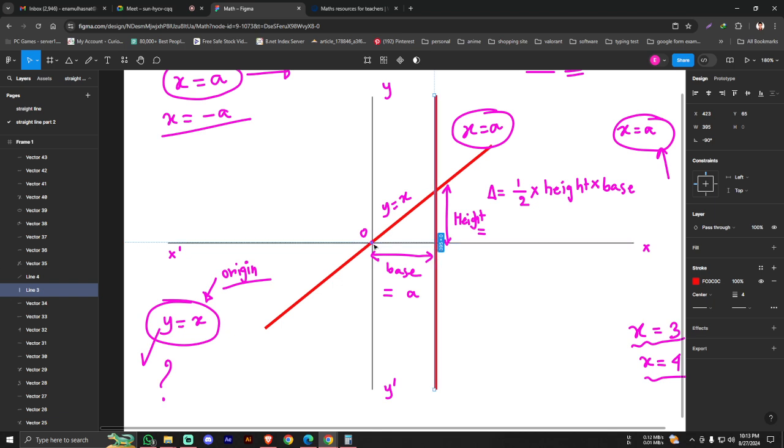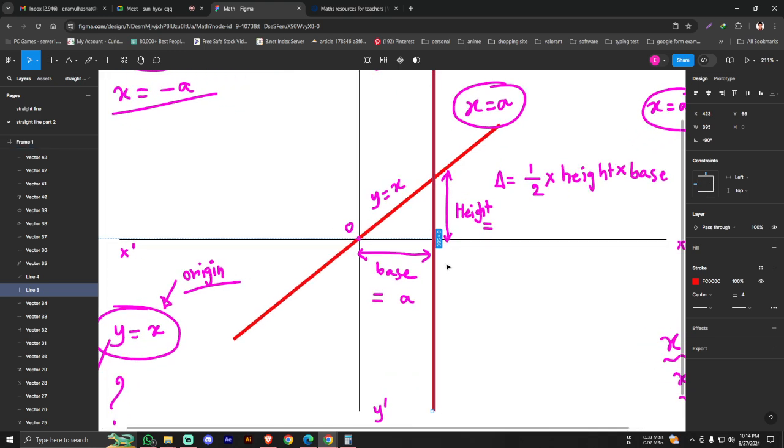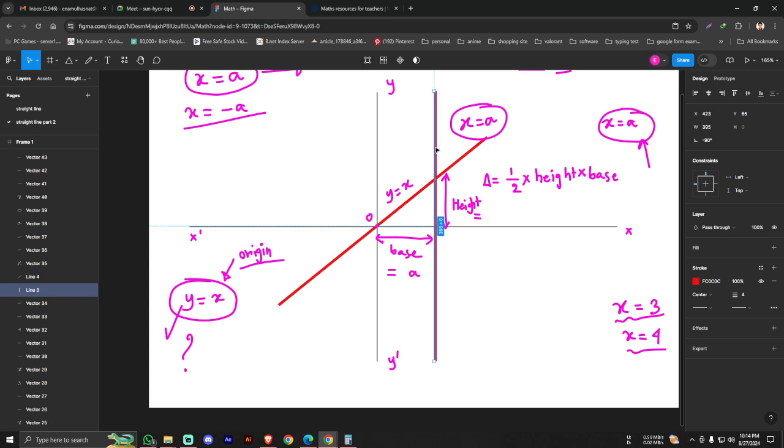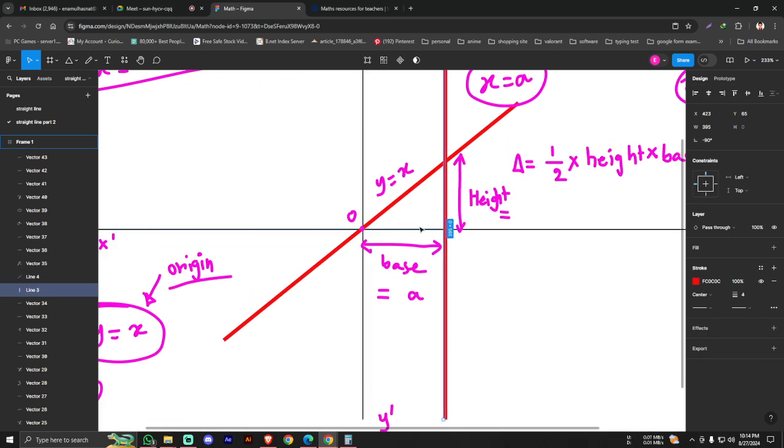The distance from 0 to this straight line is the distance of the base of the triangle. Is it a right angle triangle? Yes, of course. This line's distance is the same as the triangle's base.